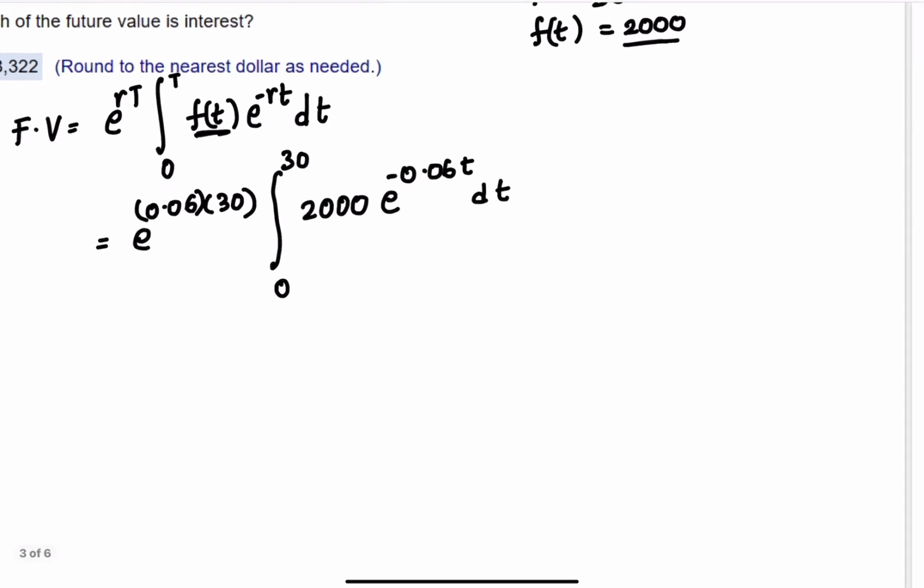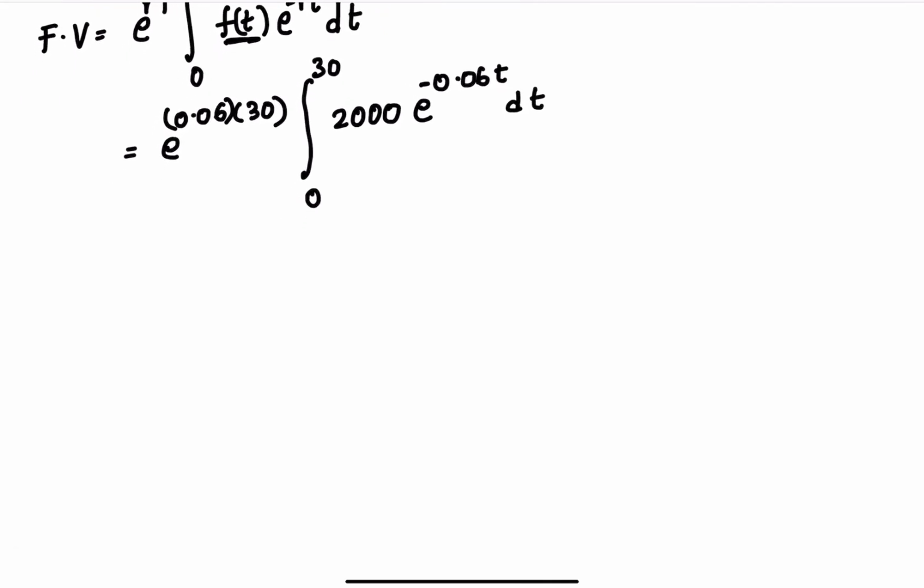All right. Now, because this 2,000 is a constant, I'm going to pull that out. So this is going to be 2,000. Let me see what this is. I think this is e to the power 1.8, integral 0 to 30, e to the power negative 0.06 t dt.